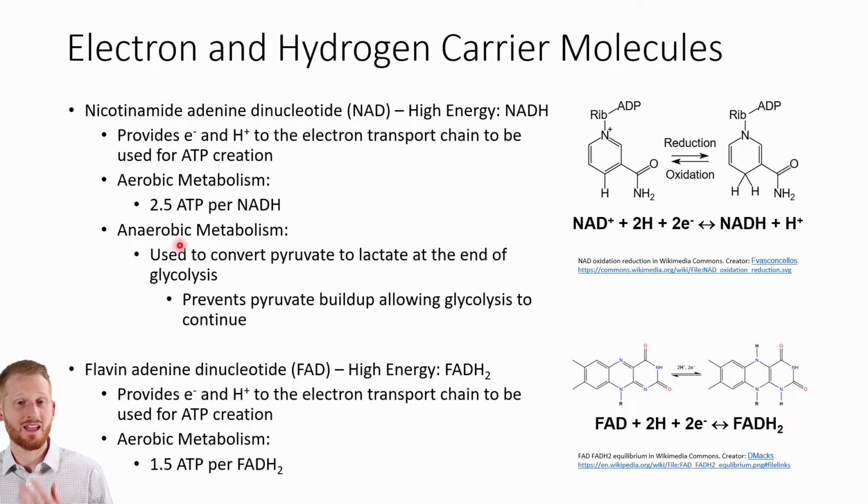So when we're using a lot of anaerobic metabolism and glycolysis is running faster than aerobic metabolism can keep up, and we're making lactate, the production of lactate from pyruvate actually requires an NADH molecule in order to do that. So we break down one of the NADH molecules back into NAD in order to produce lactate from pyruvate.